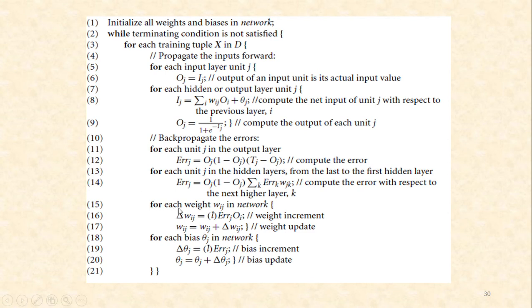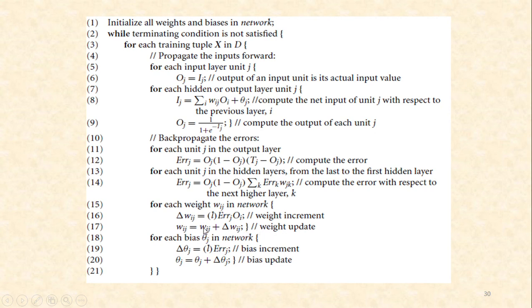Now the next step in the backpropagation algorithm is the updation of weight. Here the updation of weight is delta wij is equal to L, which is the learning rate, into error j into oi, that is the error calculated with respect to this equation, and final weight is equal to the previous weight plus the updated weight, that is wij is equal to wij plus delta wij, or called weight update.